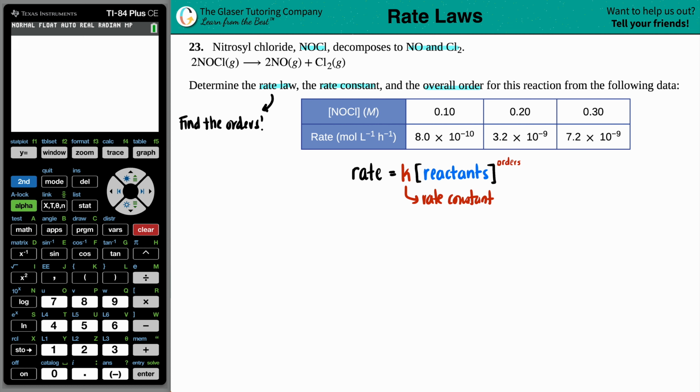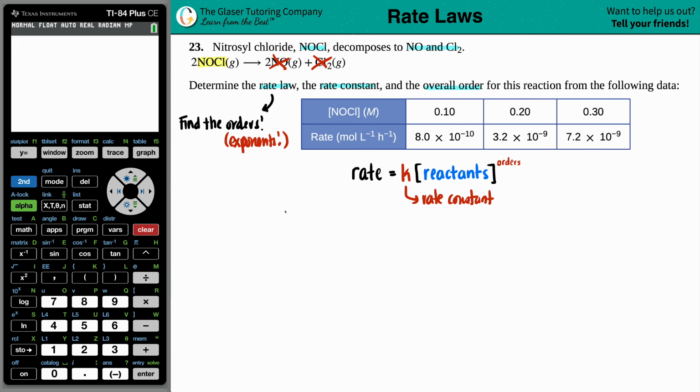In this case, we only have one reactant, the NOCl. That's why in this chart you only care about the concentration of NOCl. Nobody cares about NO and Cl2 because those are products. It's always the concentration of the reactants. But here's that order. We want to find out the orders, which are essentially the exponents.